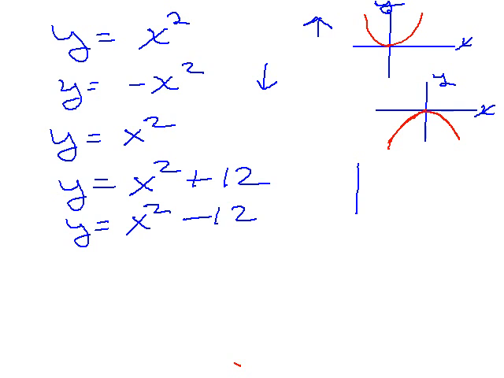Okay. That would look like this with the plus 12. That's 12. You just moved it up 12. If I subtract 12, I get the parabola moved down 12. Okay. This is minus 12 right here. You're just moving down 12.